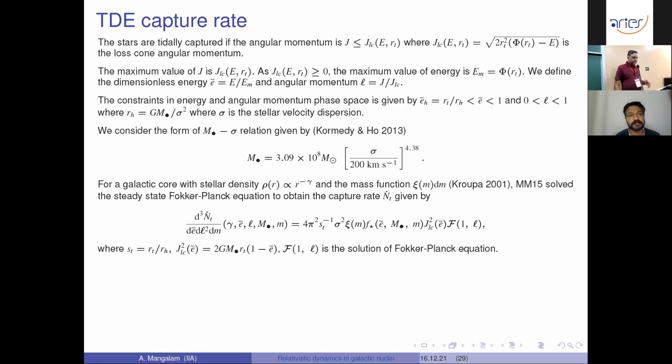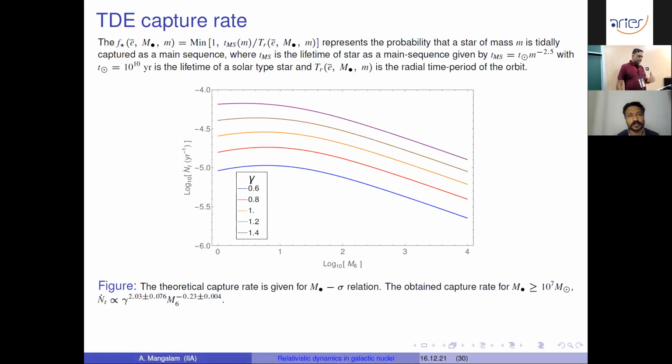With that, we also calculated the TDE capture rate. This is an earlier paper. And knowing the TDE capture rate as a function of mass, angular momentum, etc., we can actually calculate the capture rate of stars around black holes. So here is an example of how the capture rate depends on mass to the power of minus 0.23.